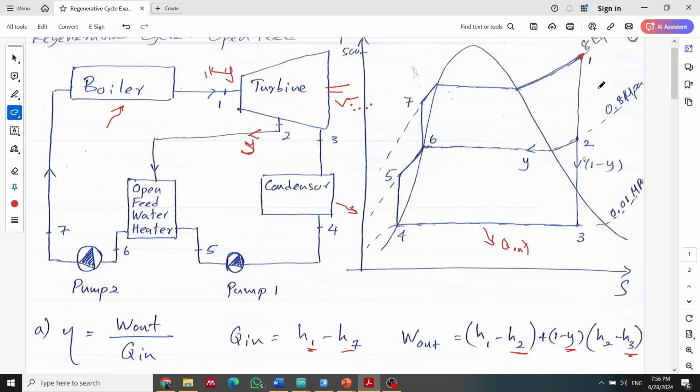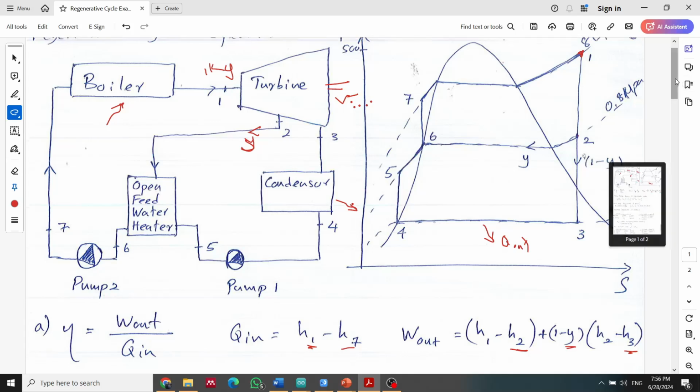Whatever heat is dissipated from 2 to 6, that means when the steam cools down from 2 to 6, that heat will be absorbed by 5 to 6. So you get y amount of mass here, then 1 minus y amount of mass from here.